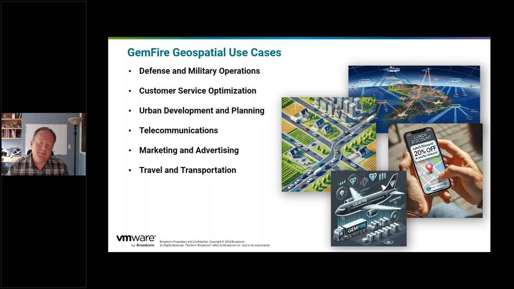Customer service optimizations. So this was, like, hey, I'm driving around in the world, and my vehicle breaks down. So I call the call center, and say, hey, where am I at? Instead of having the customer say, I'm near a tree and a bush with some dirt around it, the vehicles would be reporting where they're at.